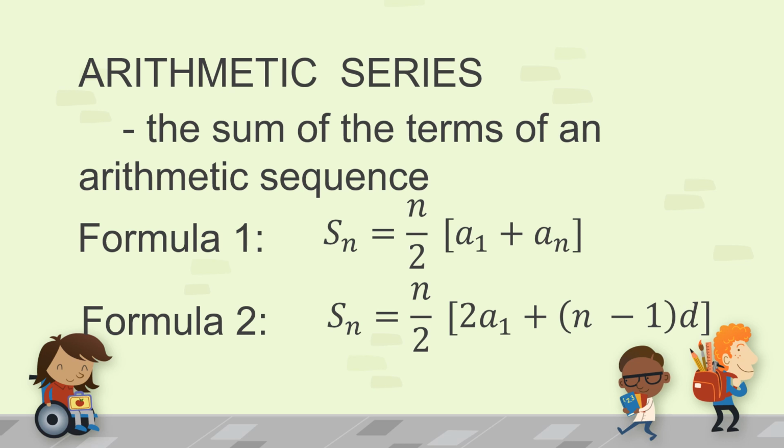The second one, S sub n, or the sum of n terms, is equal to n over 2 times 2a sub 1 plus the quantity of n minus 1 times d. So what is the difference between these two formulas? You can use the first if you know the last term. But if the last term is not known or given, you can use the second one.